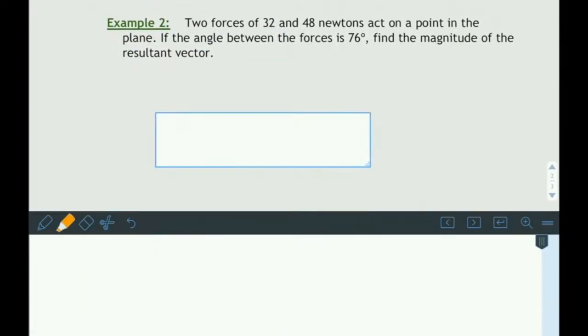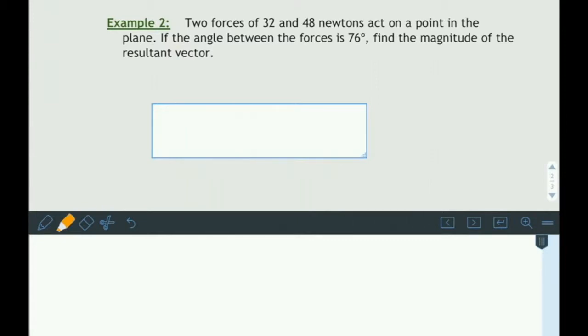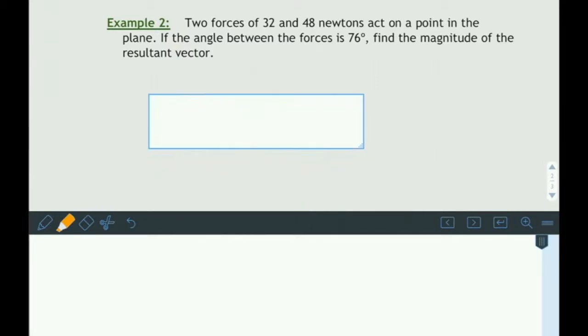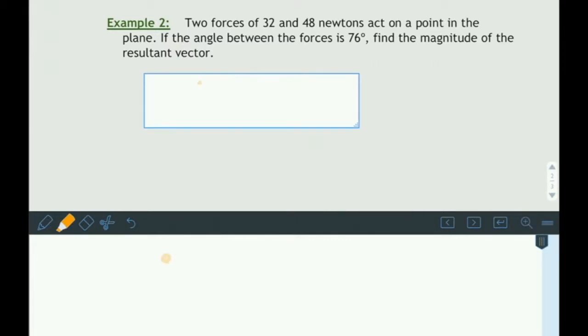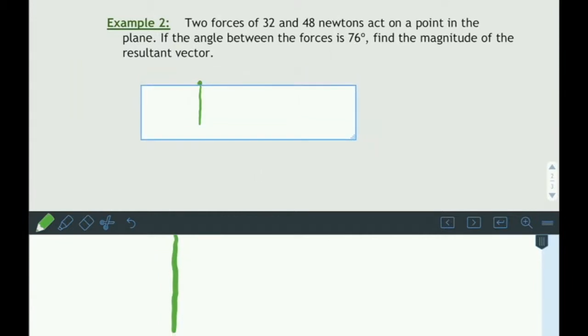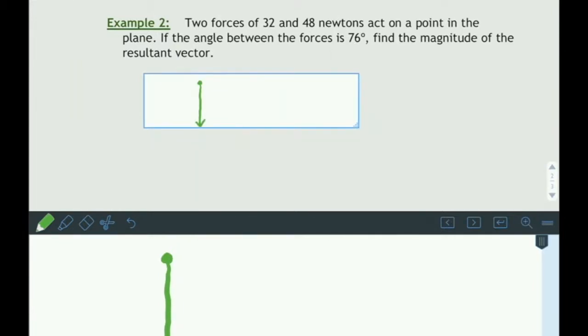So I'm going to go ahead and draw my two forces acting on my point right here. So let's say that you've got your force of 32 newtons acting on your point. So let's make this a magnitude of 32.